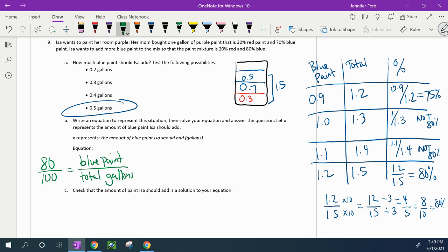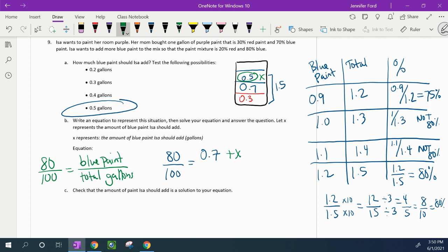Okay? So in my equation, I'm gonna do this, 80 over 100, and the blue paint, I started with 7/10, and then I added different amounts. So I'm gonna call X the amount of blue paint I should add. 7/10 is what I started with.